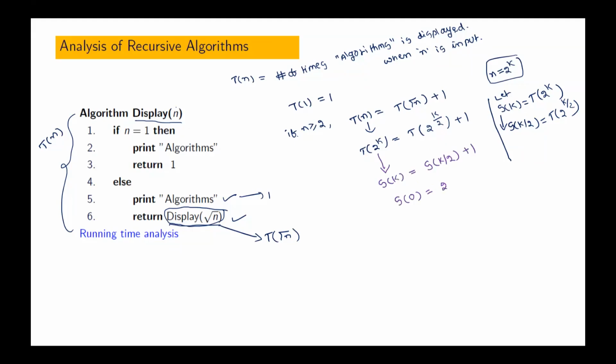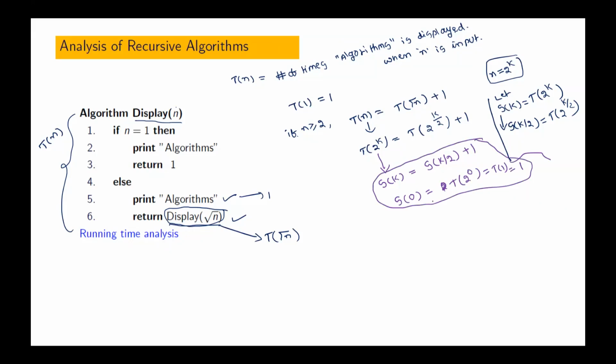S of 0 is T of 2 power 0, which is T of 1. We know that it is 1. So our recurrence is S of k equals S of k by 2 plus 1, with S of 0 is 1. It is ditto the same as the binary search recurrence or not?